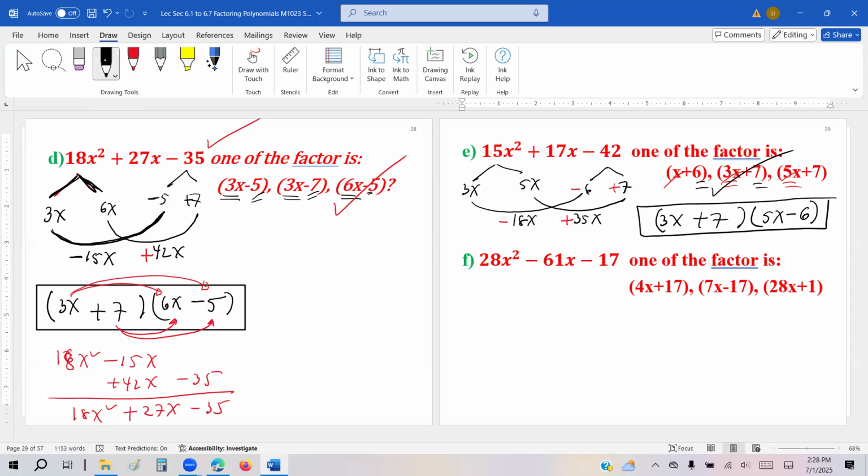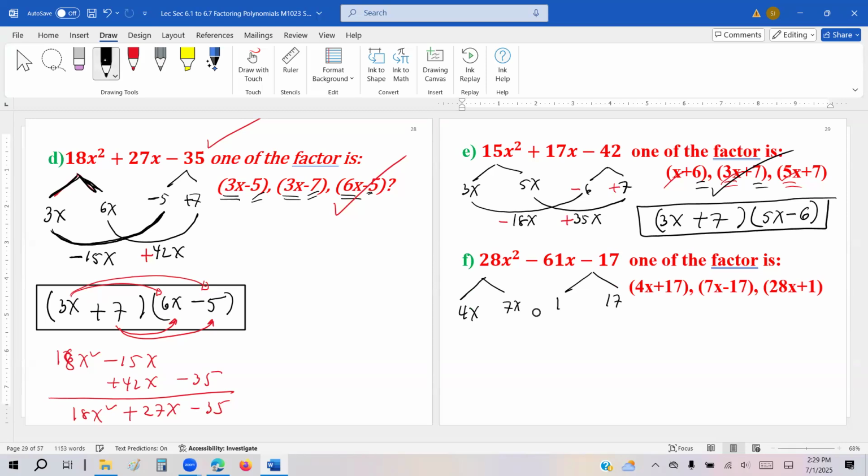Who would like to do the last one? Volunteer for the last one. Angel? Okay. One and 17. And the first one is 4 and 7. 4x, 7x.